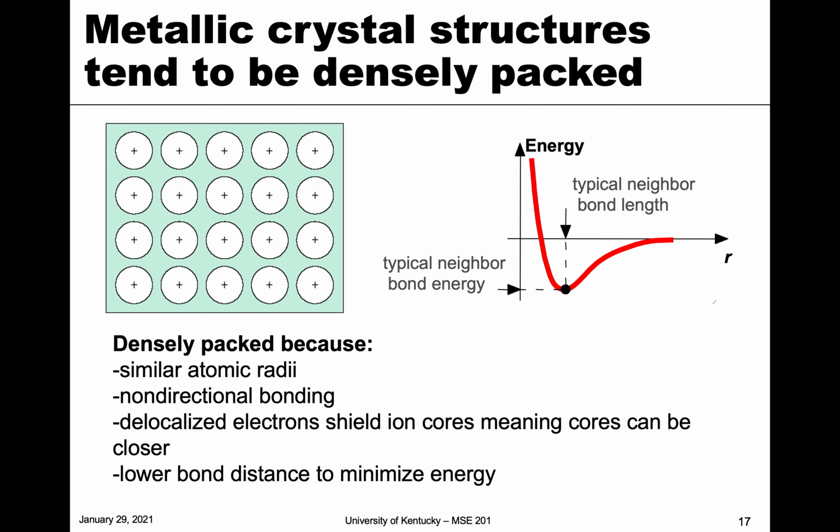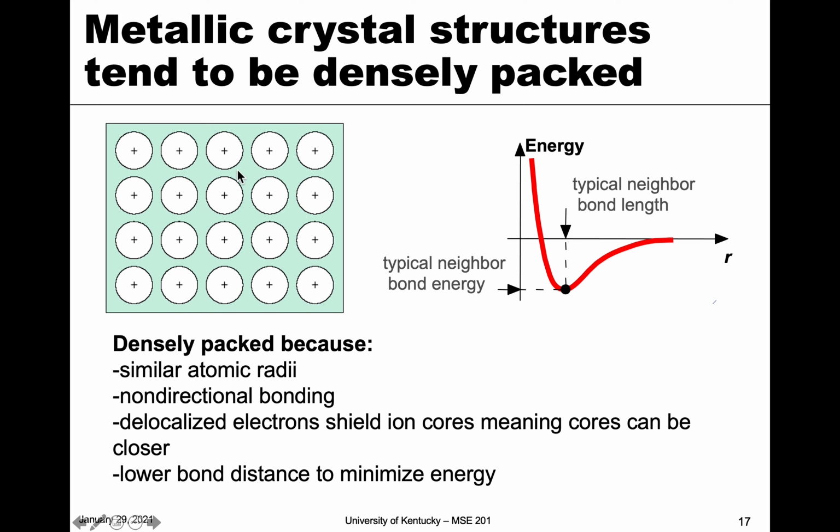All right, so the first type of crystal structures we're going to talk about are going to be metallics, so those coming from metals. You remember back to bonding, we talked about those ion cores and the sort of electron cloud. The crystal structures here tend to be very densely packed, so very low on the energy curve here.